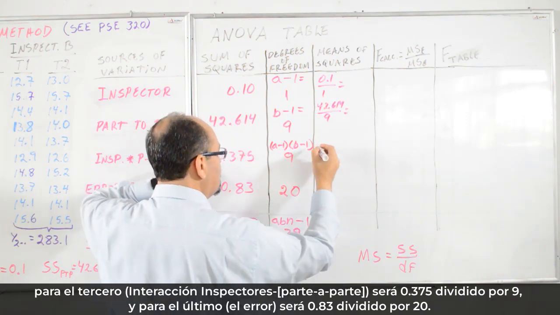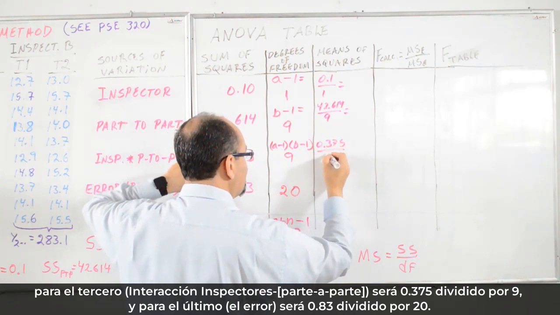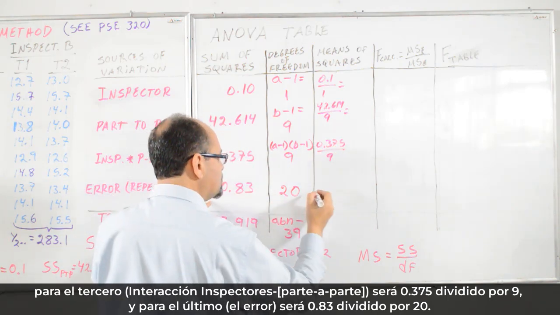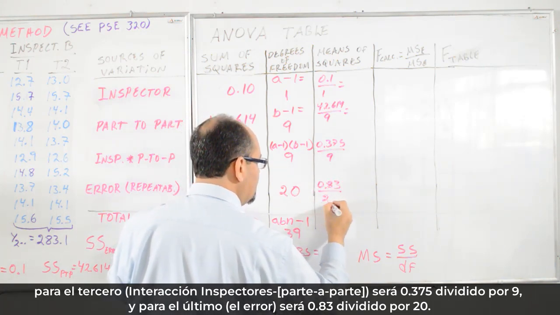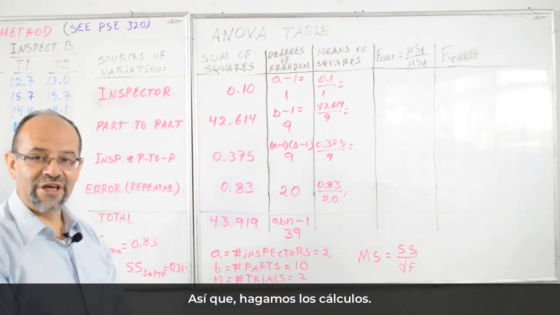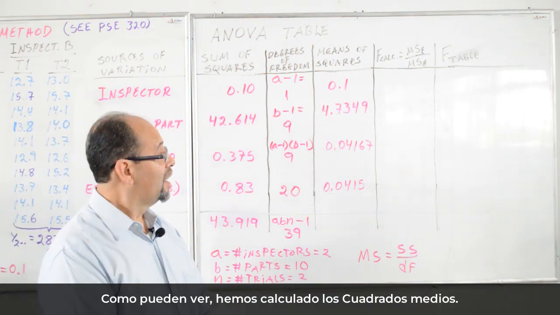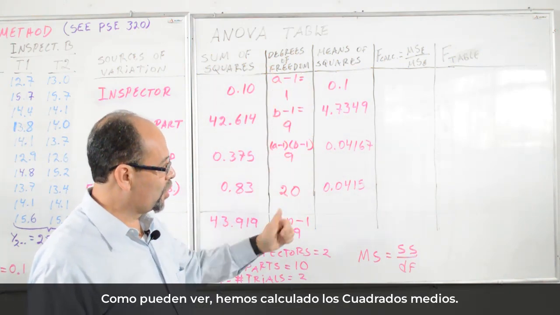For the third one, it will be 0.375 divided by 9. And for the last one, it will be 0.83 divided by 20. Well, let's do the calculation. Here we have the mean squares.